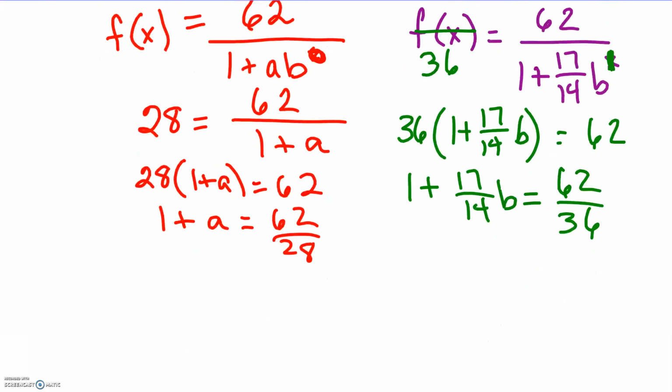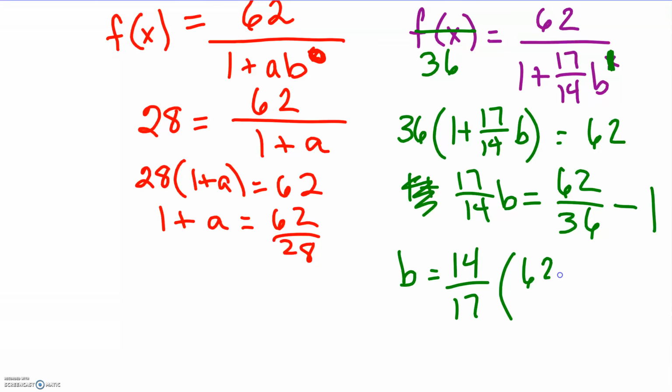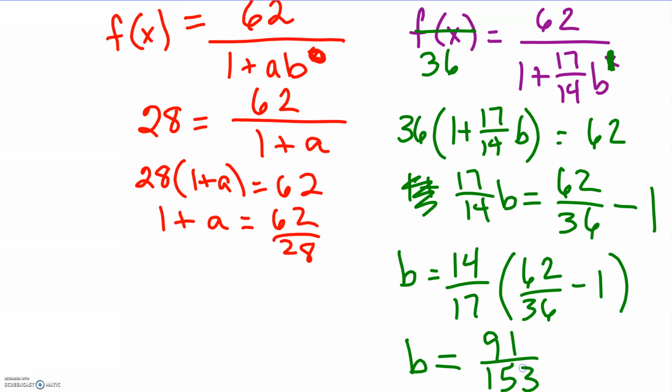And then subtract 1. And then multiply by 14/17. So B is going to be 14/17 times 62/36 minus 1. Again, decimals are okay here. I'm just doing fractions. I got this to be 91 over 153. Or as a decimal, it's about 0.59.